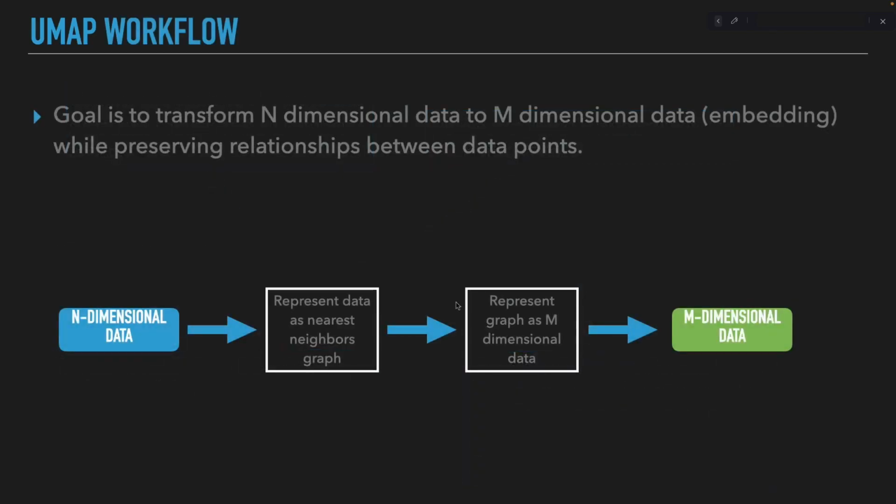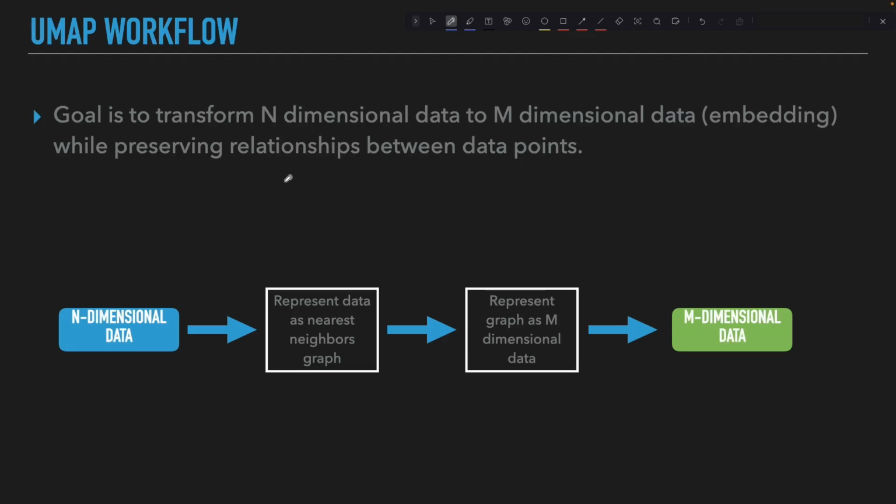Now let's see how the algorithm works. Let's see the bigger picture behind UMAP. As we have said earlier, UMAP aims to transform n-dimensional data and make it m-dimensional and also preserve as much information from the data as possible. So we will start with n-dimensional data. The next thing we will do is represent data as a graph. In this graph, the data points will be nodes, and the edges between the nodes will represent the similarity between the data points.